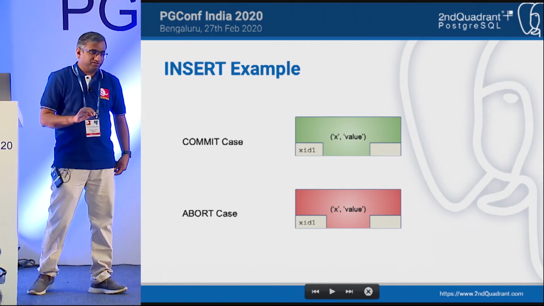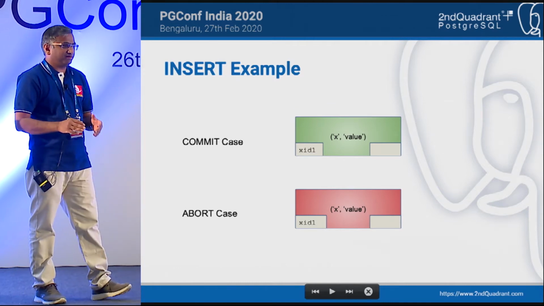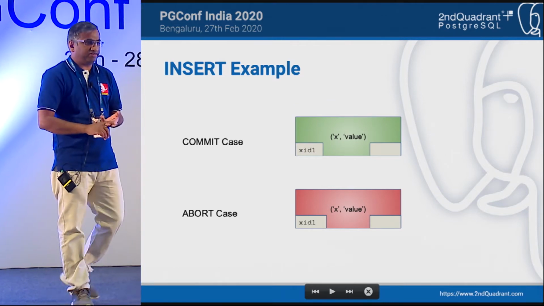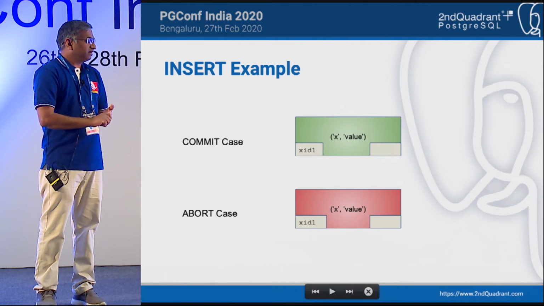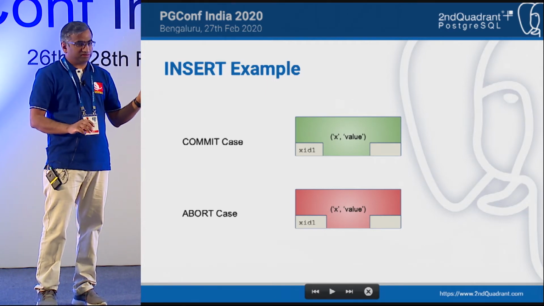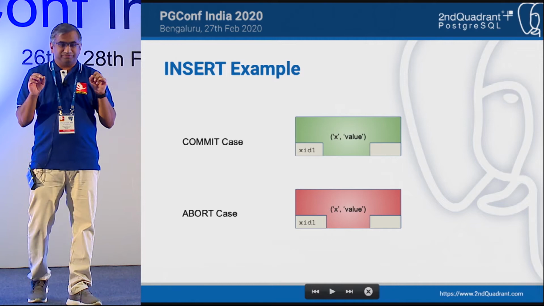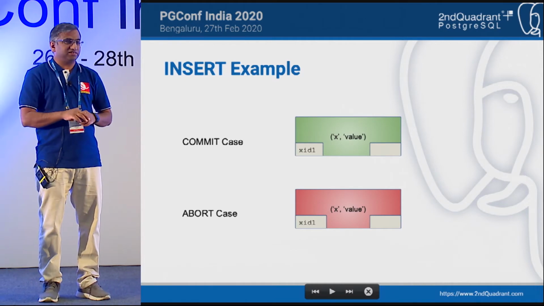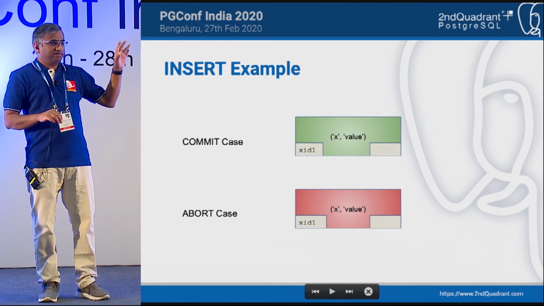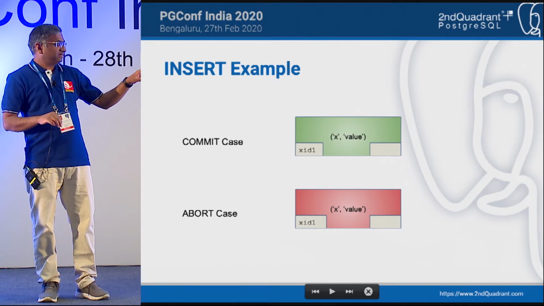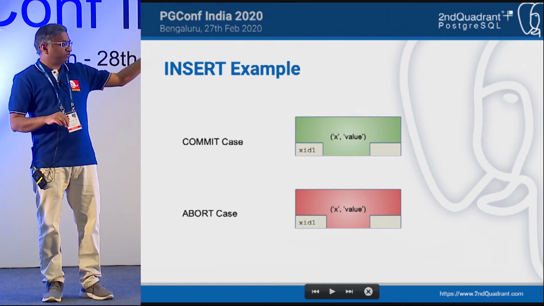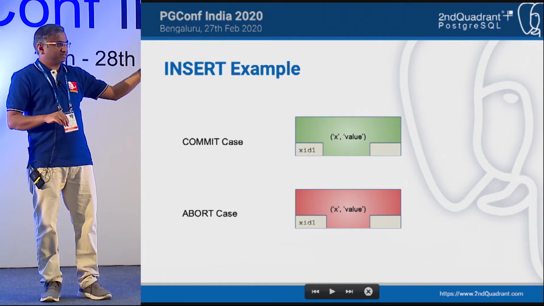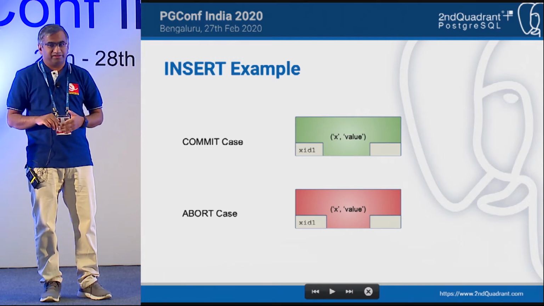This is an insert example. Again, all DMLs, inserts, deletes, updates, everything makes use of MVCC to provide transactional guarantees. In an insert case, I'm taking two different cases, one where the insert finally committed and the other where the insert finally aborted.